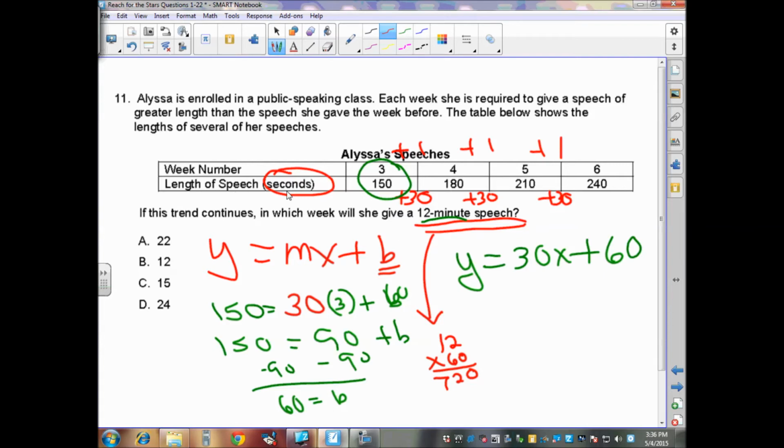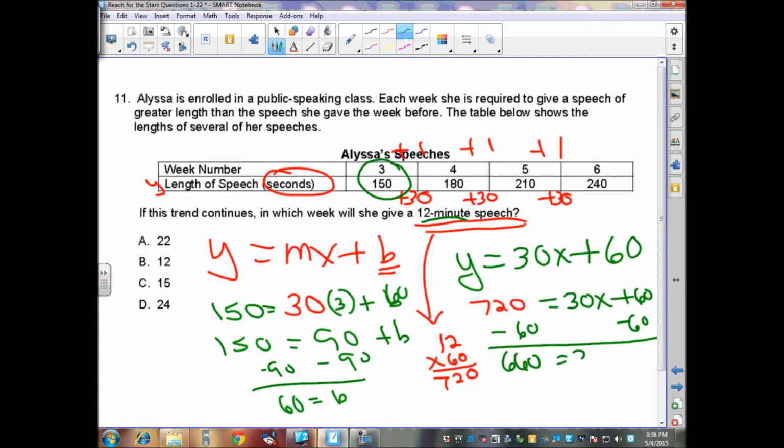Since the length of speech is y, we plug in 720 for y and solve this equation for x. So 660 is equal to 30x, divided by 30, and we get x is equal to 22. So your answer is A.